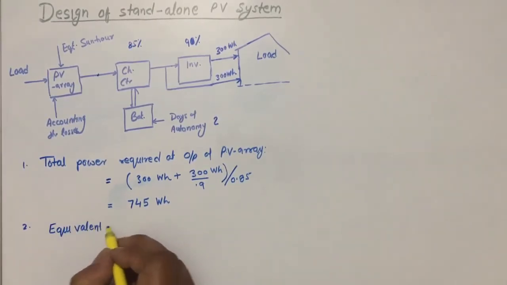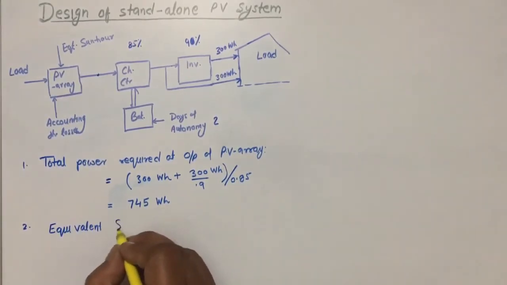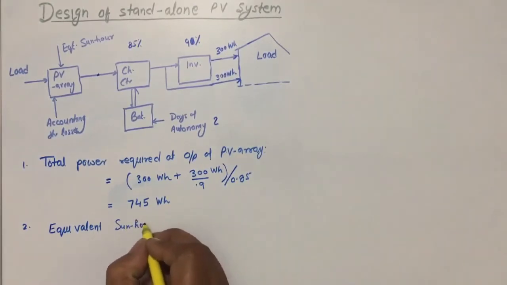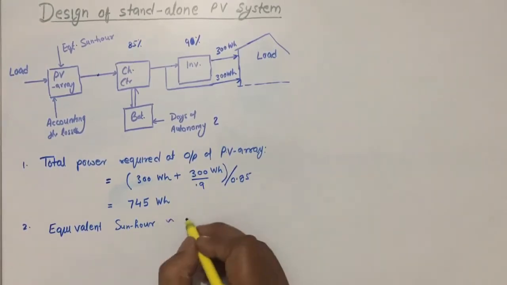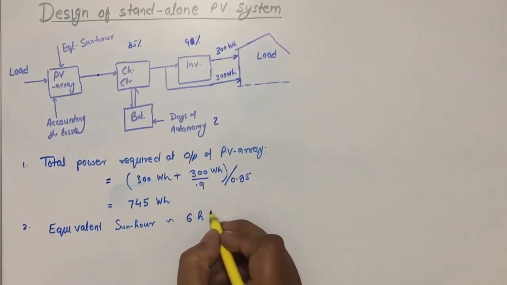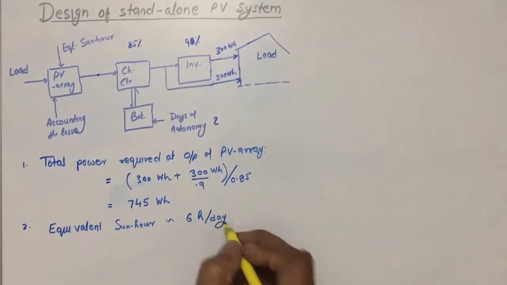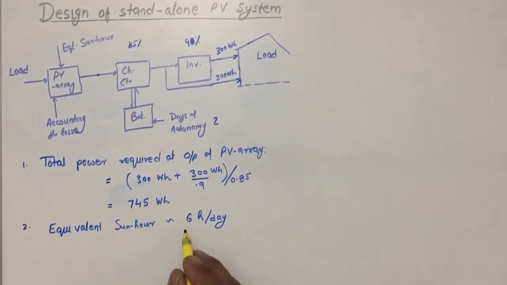Equivalent sun hour is for any particular location. For example, somewhere it is 6 hours per day, not for Aligarh, because this is not the exact sun hour for Aligarh. So consider that for a particular location it is 6 hours per day.